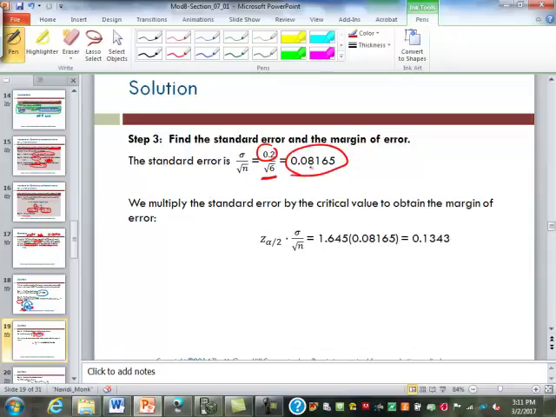Now, at this point, I always get questions of, how do we know where to round that off? Great question. We aren't really told. Always round at least one digit past what you want to express the answer in. Usually you'll go a couple digits past. Now here, this one's expressing the answer to 4 decimal places.